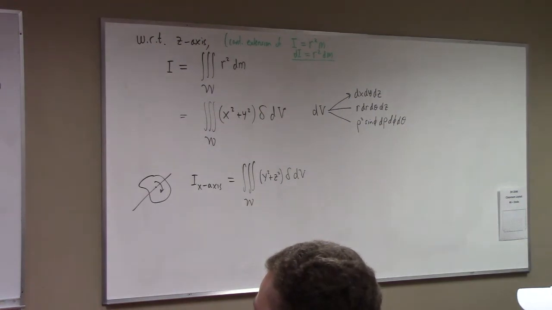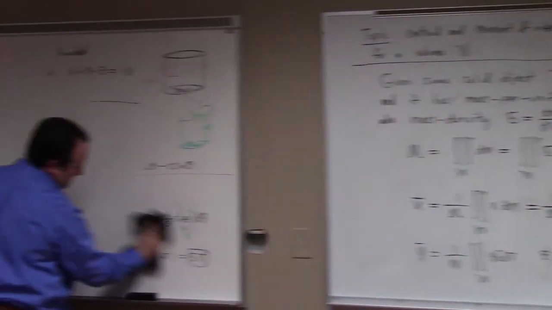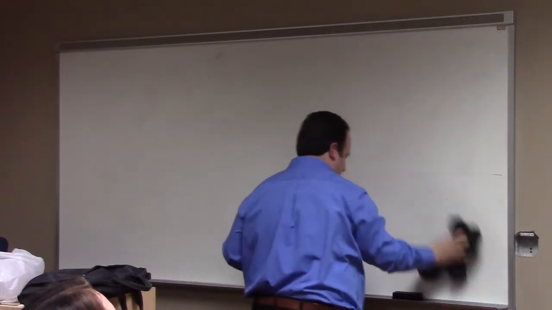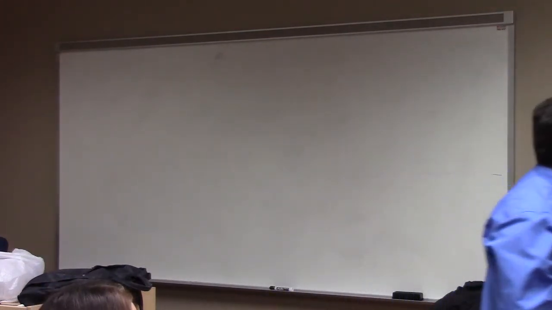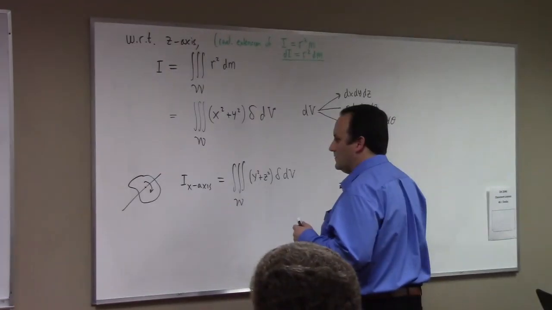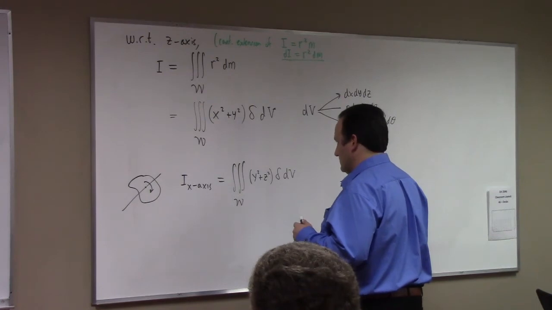I was wondering how you would turn dm into a dx, dy, dz, or r dr d theta.